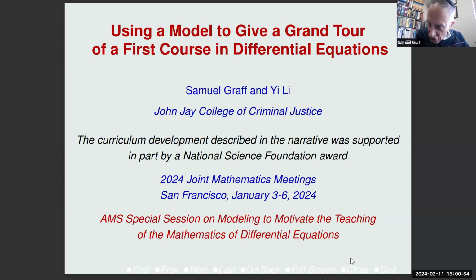What purpose does it serve? And ordinarily, they get to the first course in differential equations, and the first day is full of a plethora of definitions about different types of differential equations and so on and so forth. And I felt by that time the students are pretty much jaded.